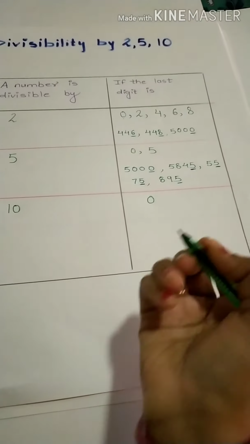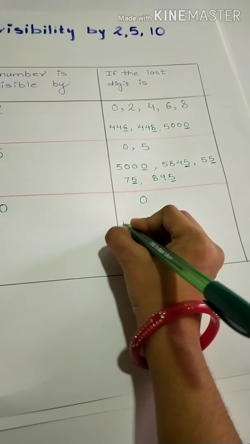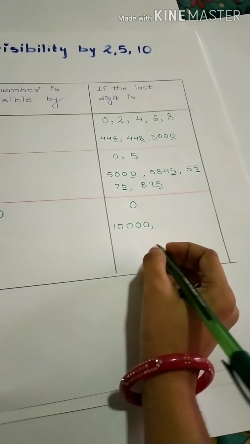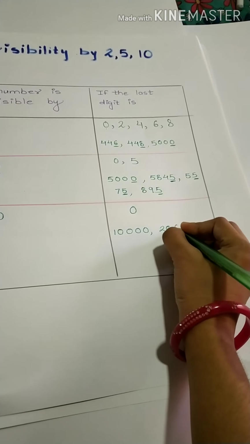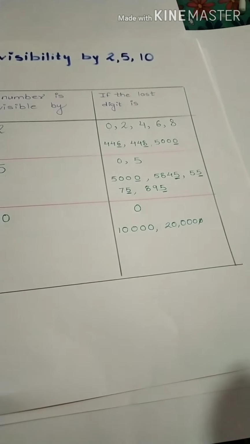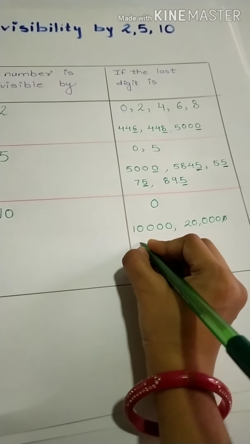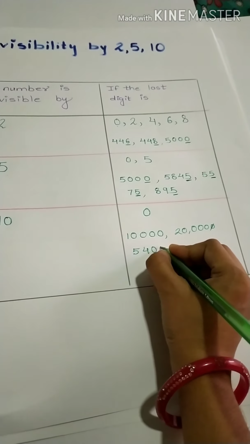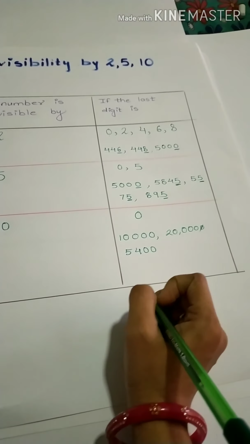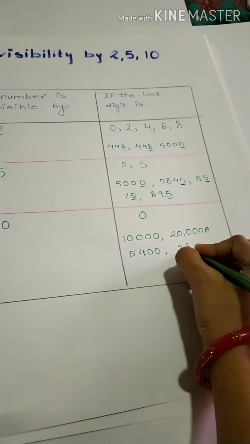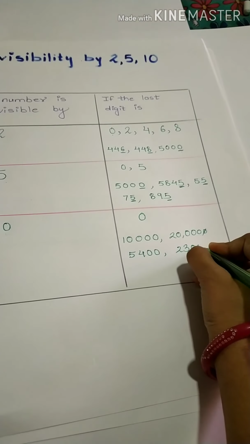Now let us see, a number is divisible by 10 when the last digit is 0. Let us see one example: 10,000, 20,000, and then 5,400, 23,000.